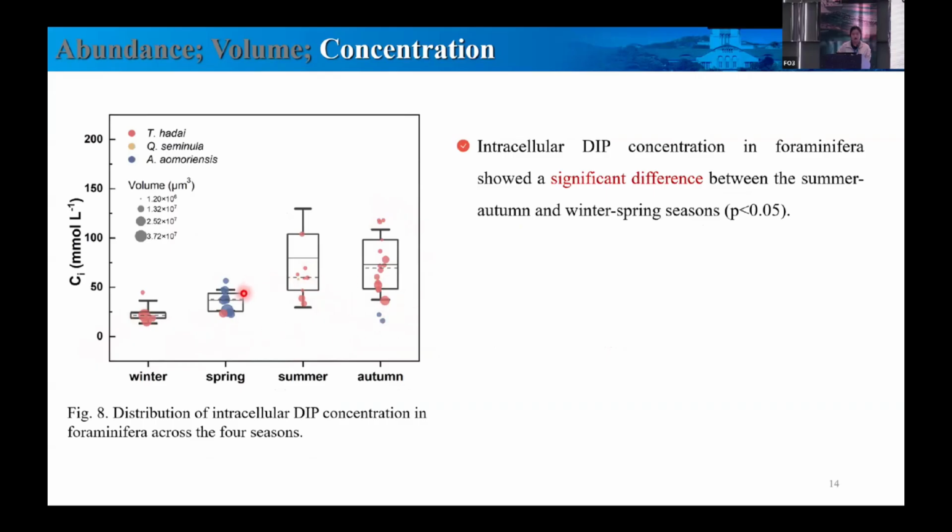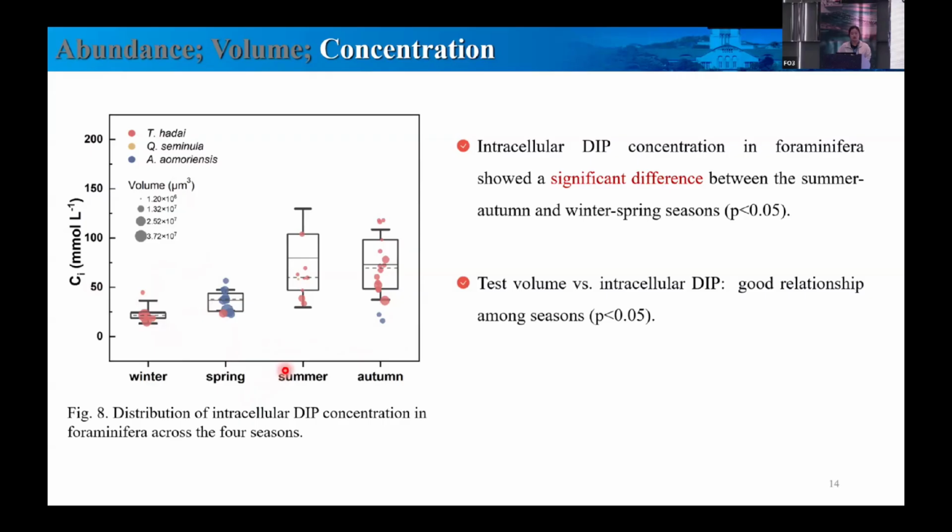Different colors represent different species, and the size represents the volume. Winter and spring showed a lower DIP concentration and a smaller concentration range, but larger volume than summer and autumn. And their test volume and intracellular DIP concentration also showed a good relationship among seasons.